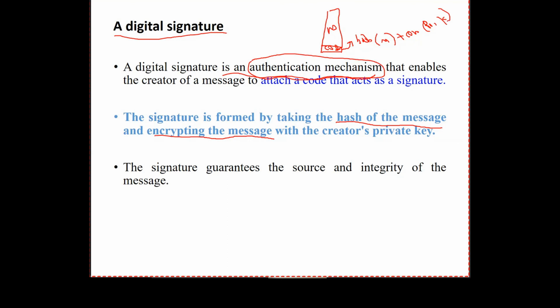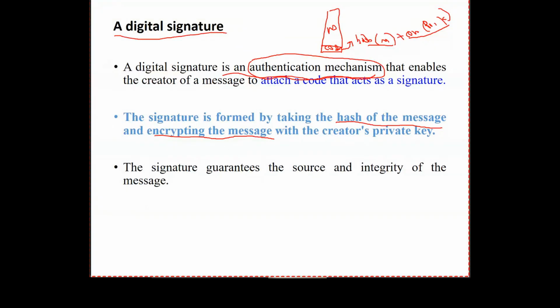So you have to send these two together. You send the message encrypted, in order for someone not to see it, and you send the hash of the message together, in order to make sure that the message has not been changed. Okay, so this is how we do it.